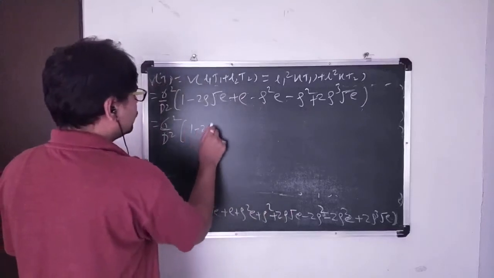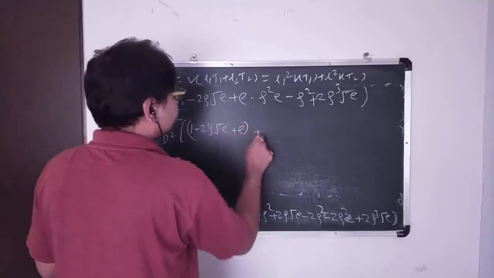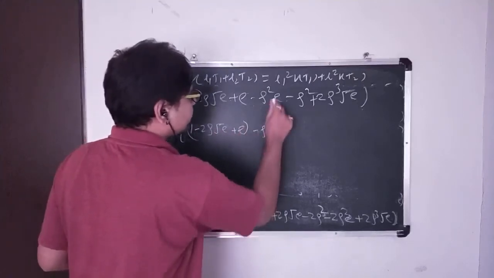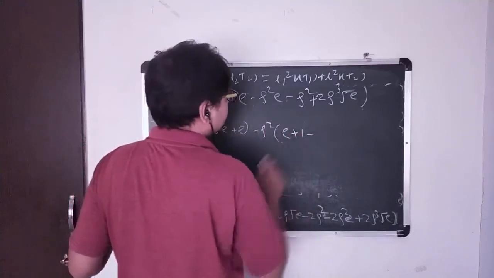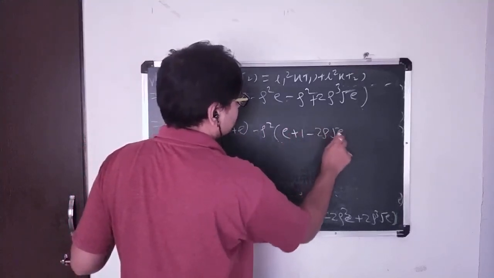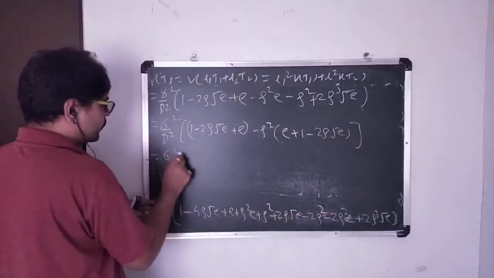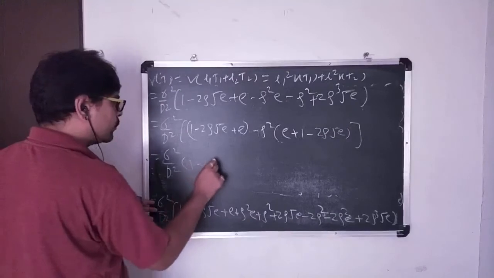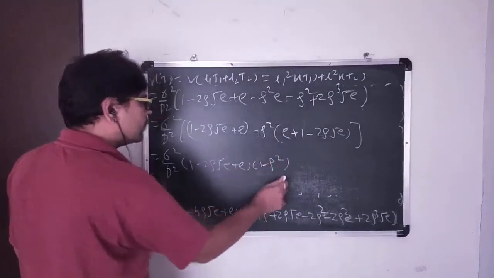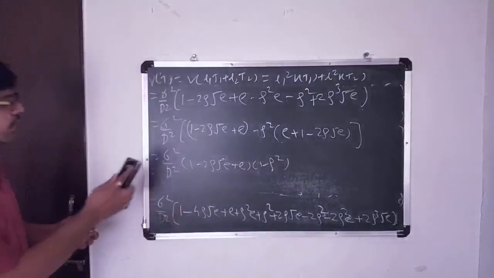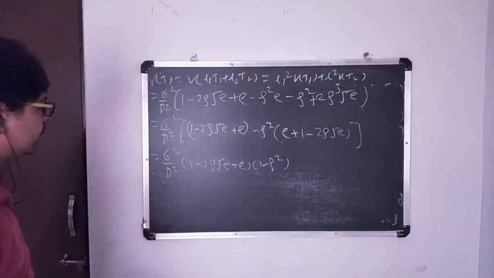So 1 minus 2 rho root E plus E minus rho square, take outside, so here E plus 1 minus 2 rho root E. So sigma square upon D square, 1 minus 2 rho root E plus E into 1 minus rho square. So this is the variance of T.